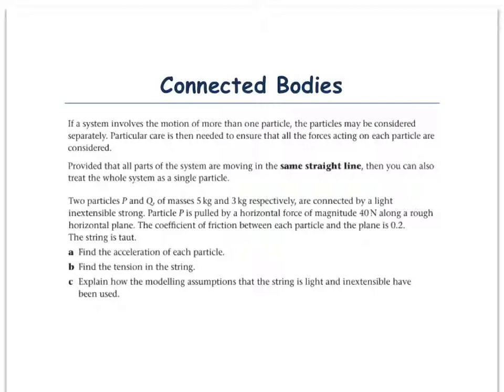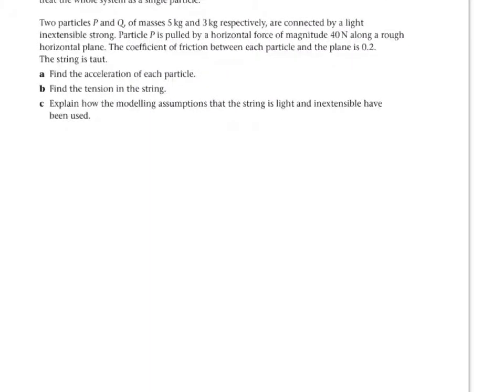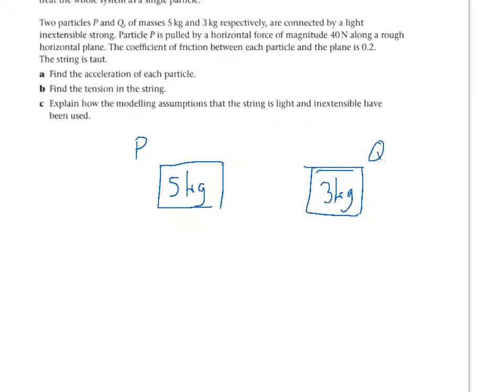Right, before we do that, as I said before, it is vital that you draw a diagram. So, for this question, we know that we've got particle P of mass 5 kilograms and particle Q of mass 3 kilograms. We're also told it is on a rough horizontal plane.